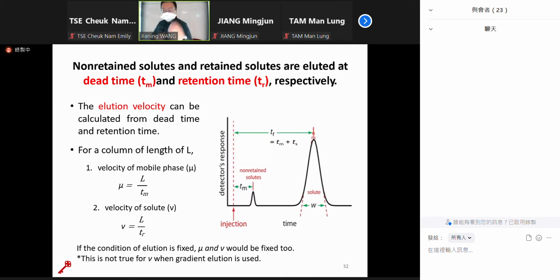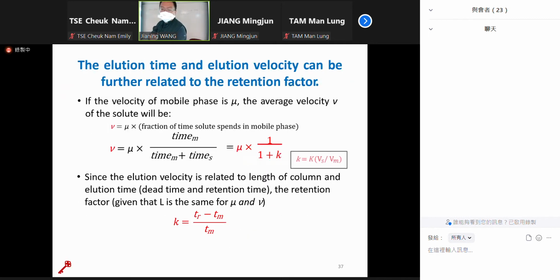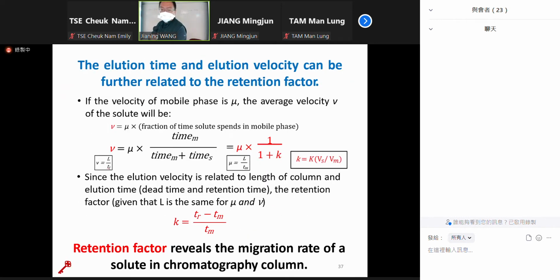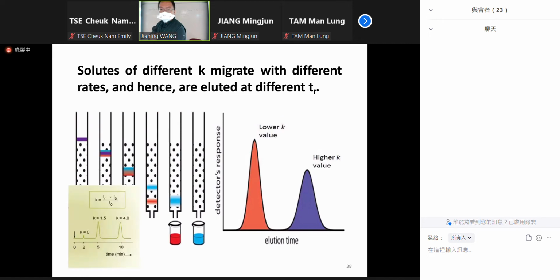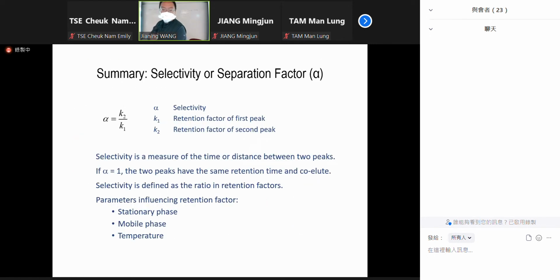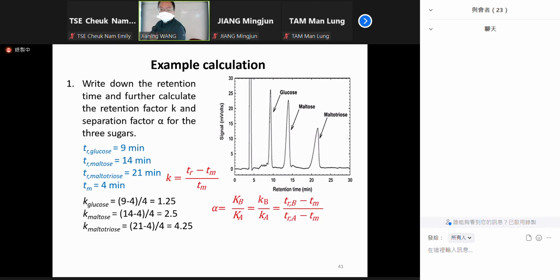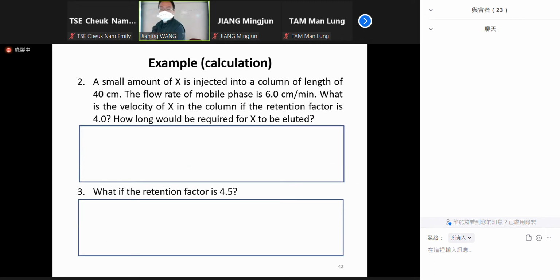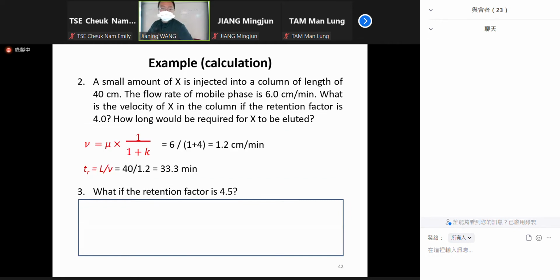This is related to the column length, the velocity of the mobile phase over the velocity of the solute, and we can get the retention time, the selectivity factor and the retention factor. So what we should do is put those on paper and find the relationship.